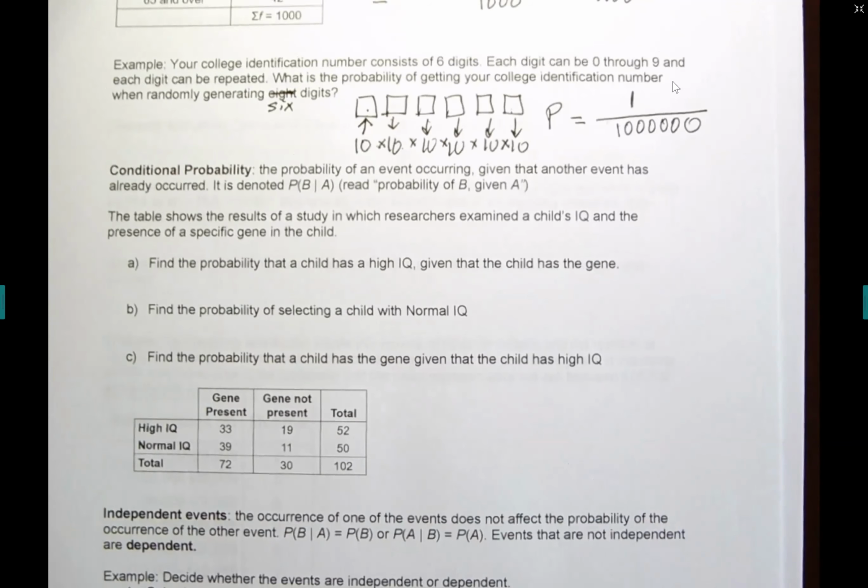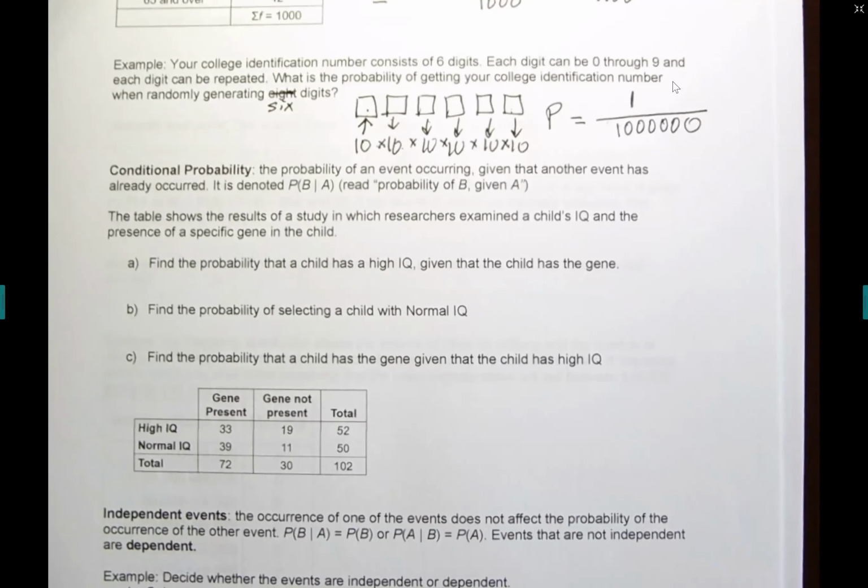The way I set up the questions in my math lab is based on a table, so I would like you guys to pay attention to the way we're going to do this exercise, because once you pick it up, you should be able to do all problems related to conditional probability. He'll ask you to find a probability, but he'll impose a condition on you. He says, I want that condition to be met first. So that's what conditional probability is.